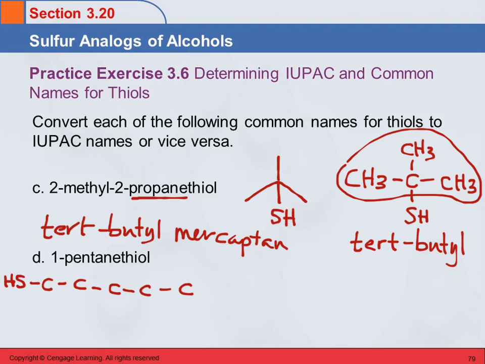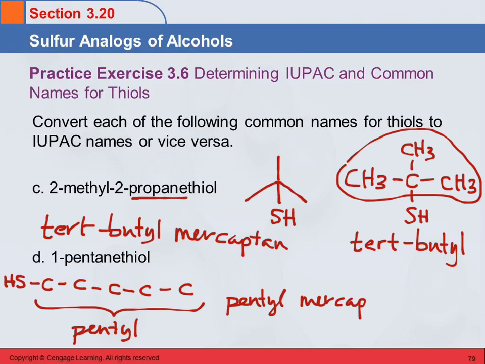Okay, so if we're going to name this as a mercaptan, then the name of this group is what? Pentane becomes pentyl. So this is pentyl mercaptan. Any questions?